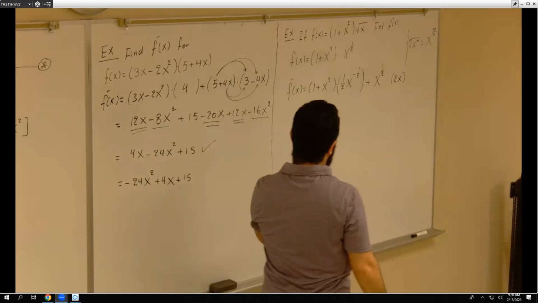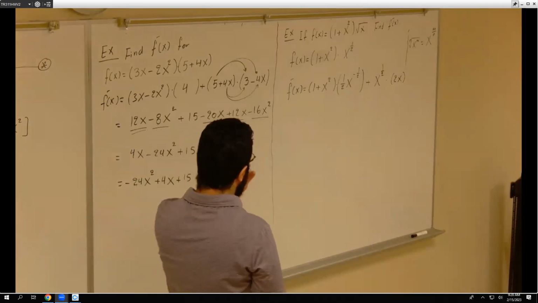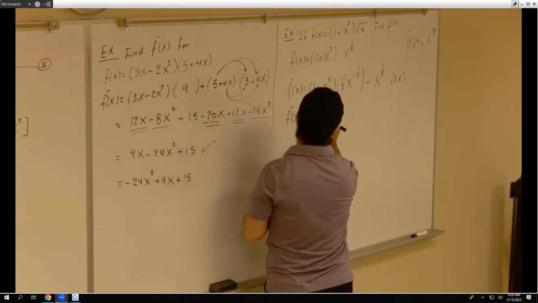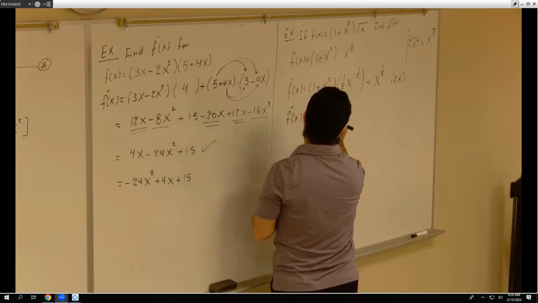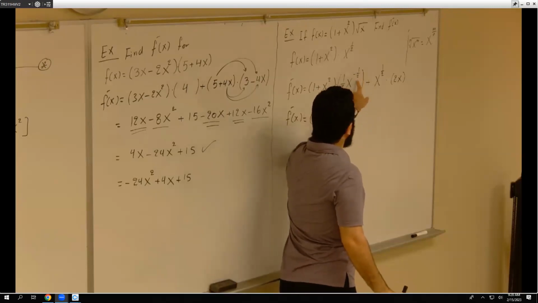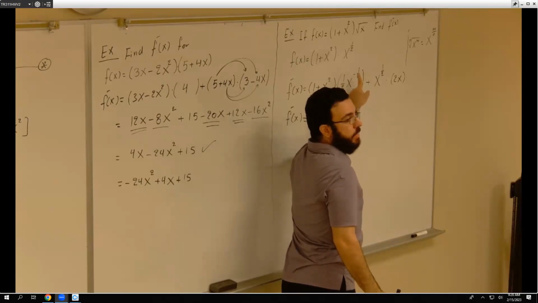Now we just have to simplify it. Here, f prime of x is going to be equal to 1 plus x squared. This one, x to the negative 1 over 2, I can write down as 1 over the positive exponent.